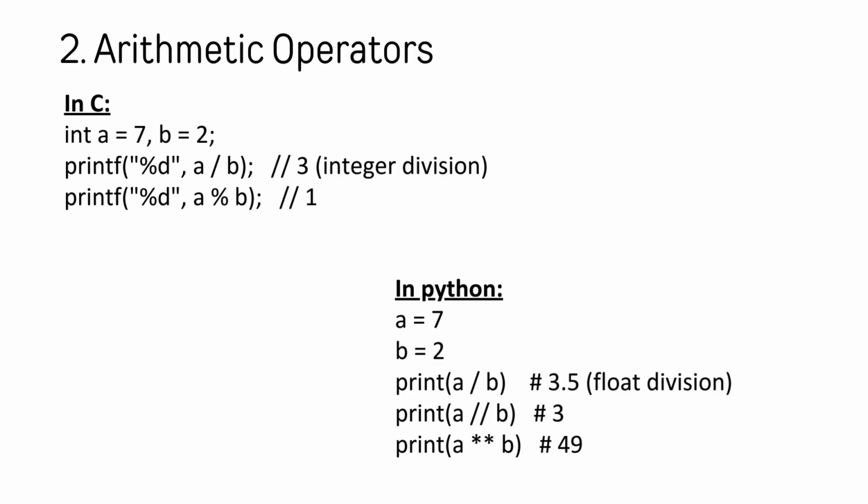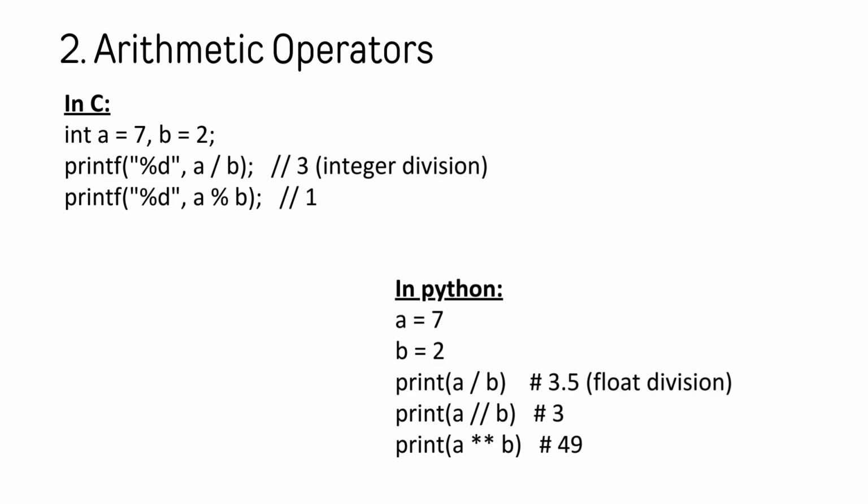Now let's see the same example in Python. In Python, when we write a divided by b, we get 3.5 because Python performs float division by default. Then, if we use floor division written as double slash, Python gives us 3, which is the whole number part only. And finally, using the exponent operator, a to the power of b, that gives us 49. So in Python, a divided by b is equal to 3.5.